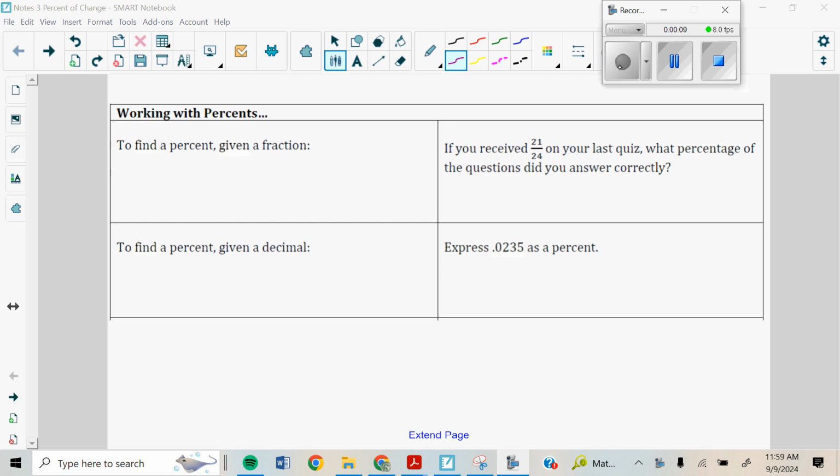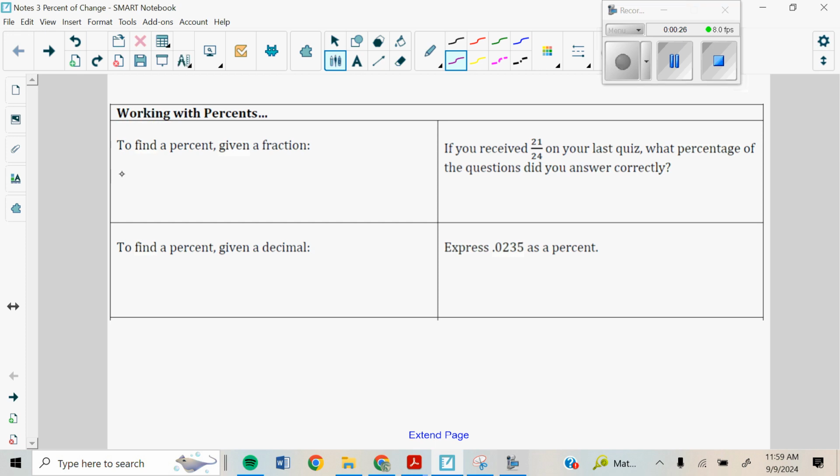So in working with percents, to find a percent if we are given a fraction, and think about this like finding a percentage on a homework score, quiz score, or test score, you're going to divide the numerator by the denominator and move the decimal.